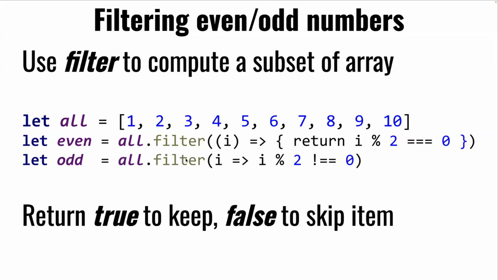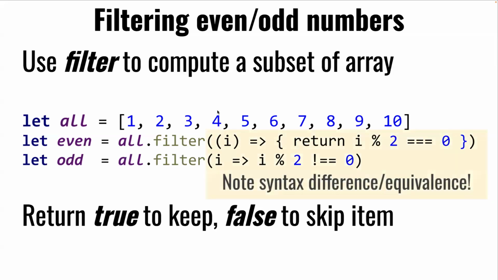So yeah, this is just one of many functions that can be applied to arrays to either compute another version of the array, or to collate all the values into a single value, and we'll see examples of that. Note the syntax here, but they're pretty similar, with using the return and not.